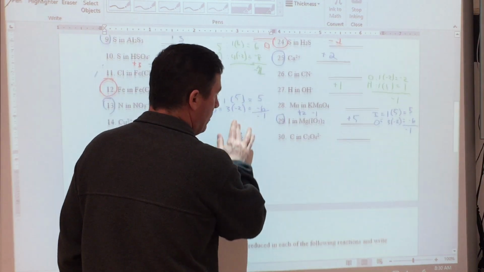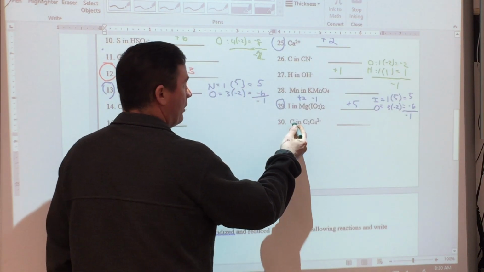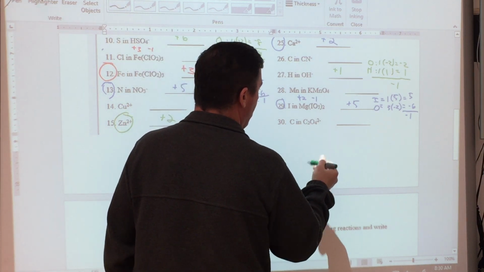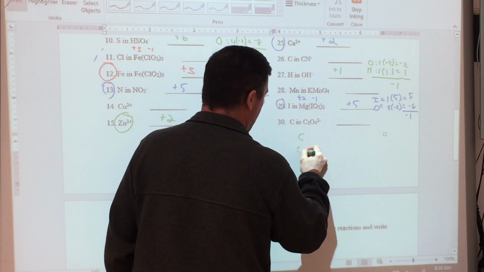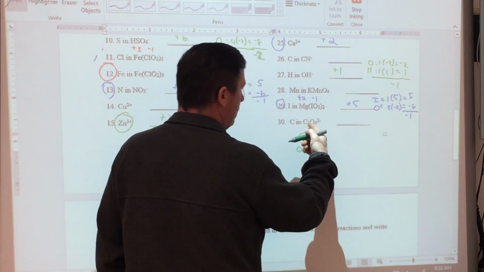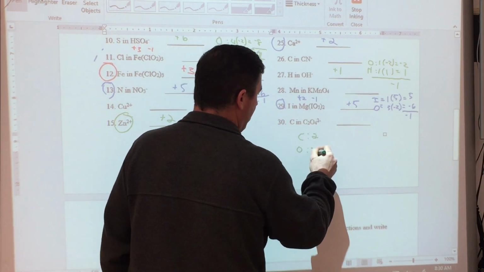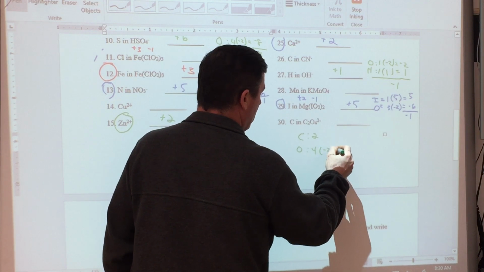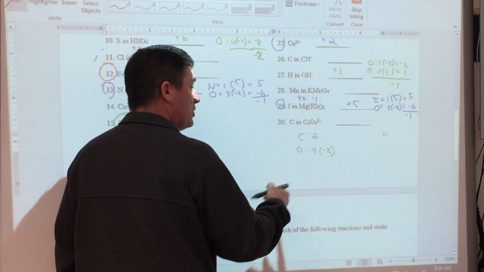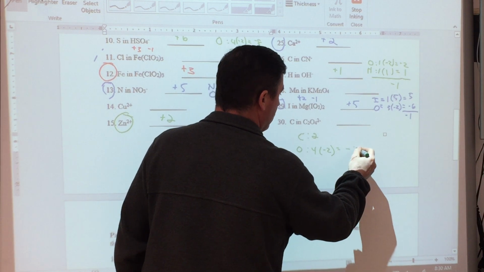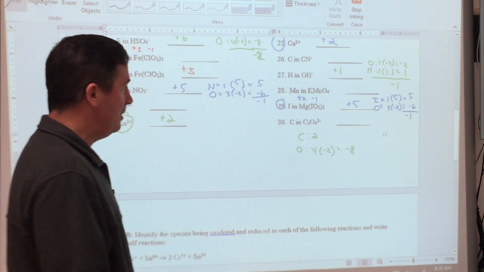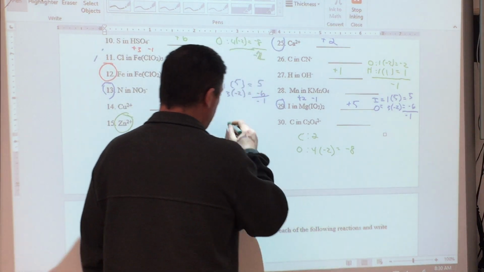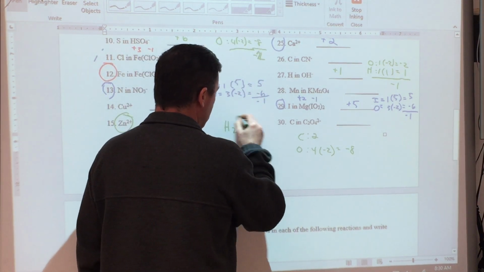And lastly, number 30, carbon and C2O4 2-. So my total here is carbon, I've got oxygen, I've got 2 carbons, I've got 4 oxygens. I know each oxygen is a -2. Remember, there's only one exception with that, and that's peroxides. Usually peroxide, it's H2O2 really.